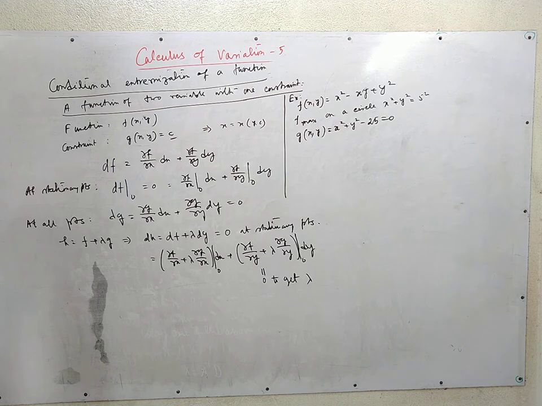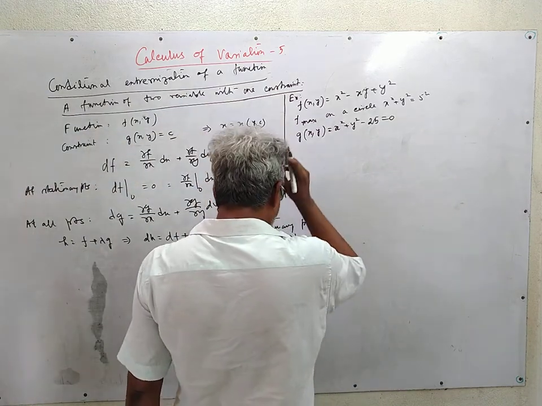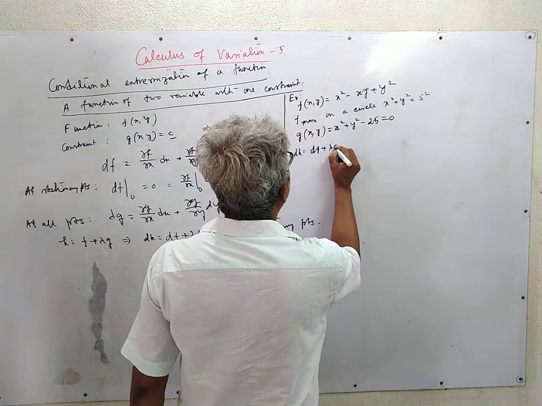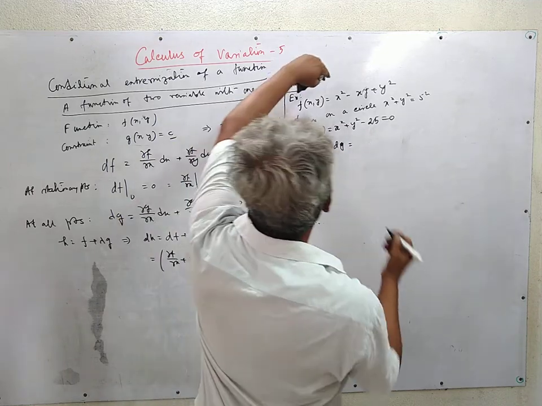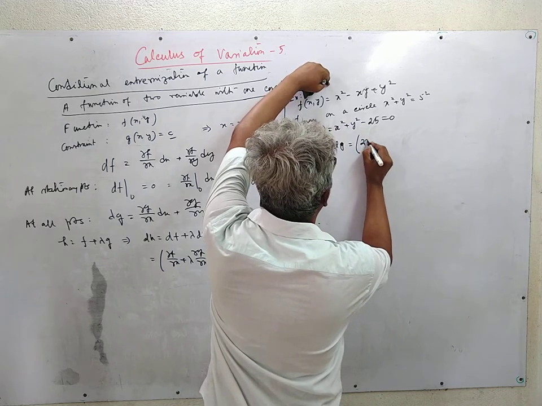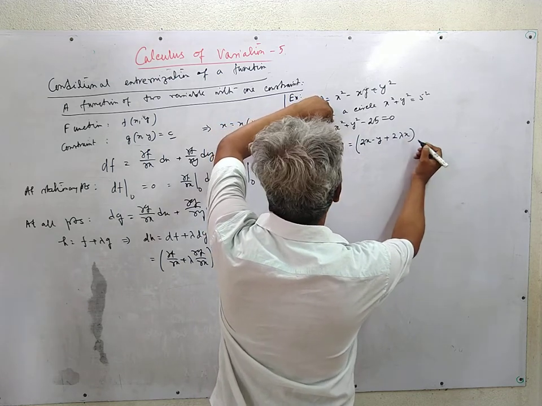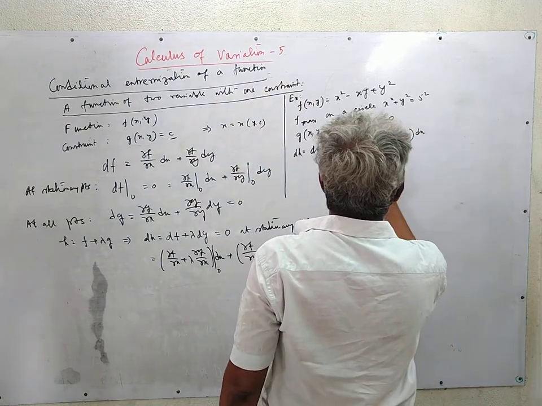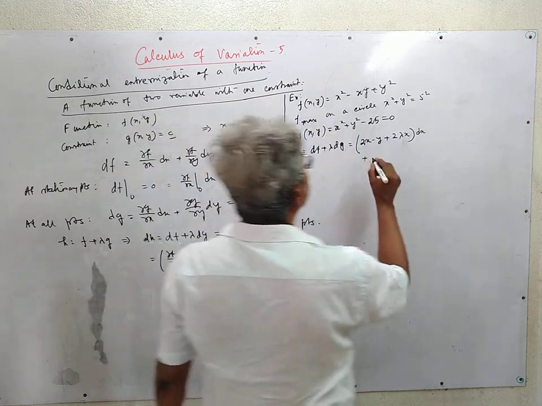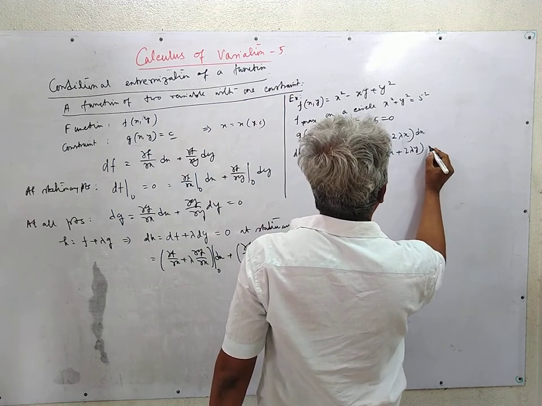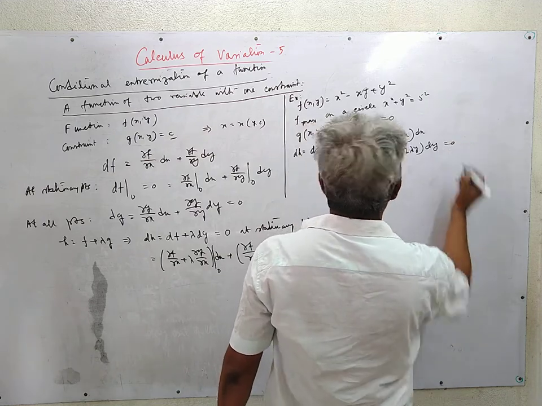Now what to do? As per Lagrange's prescription, since we have one constraint, one undetermined multiplier will be required, so we calculate dh = df + λ dg. Differentiating with respect to x, we get (2x − y + 2λx) dx, plus, differentiating with respect to y, (2y − x + 2λy) dy, and we set it equal to 0.